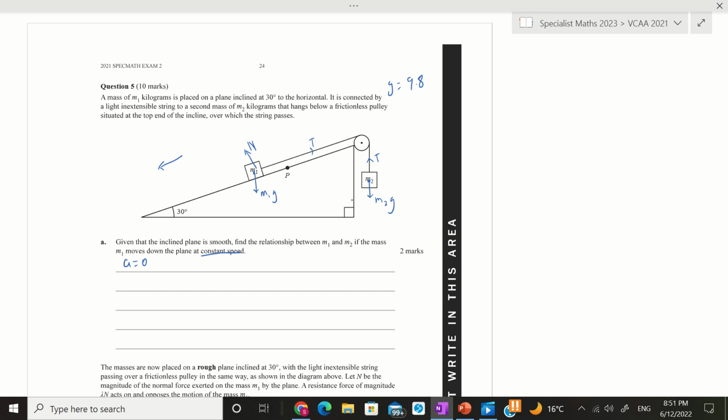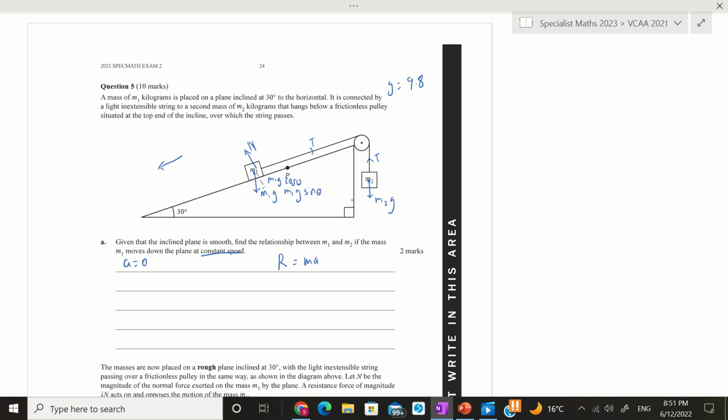So how do we write the resultant equation from this force diagram? Well, we know our formula is R, the resultant force, is equal to ma. In this case, what is the resultant force? If I resolve my weight force into its component perpendicular to the plane and the component parallel to the plane, the perpendicular component is given by m1g cos theta, and the parallel component is given by m1g sine theta.